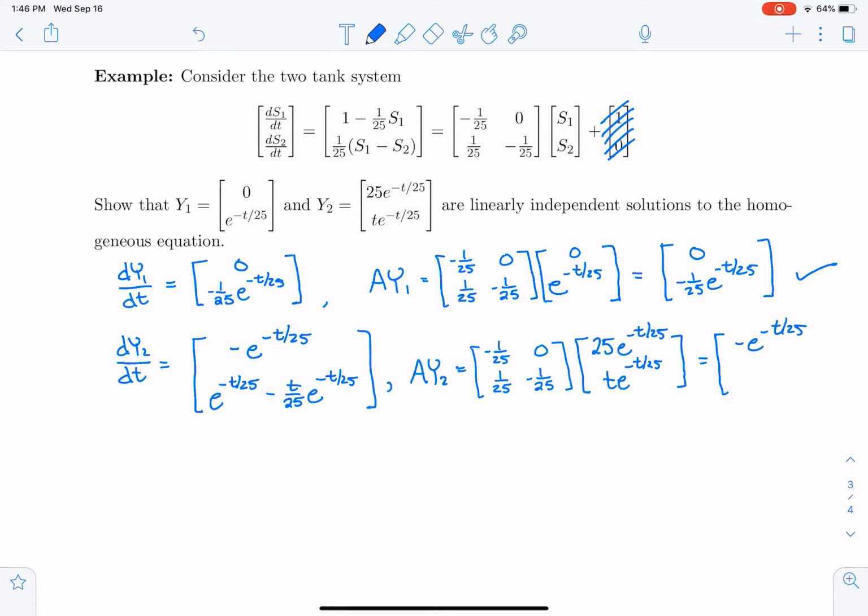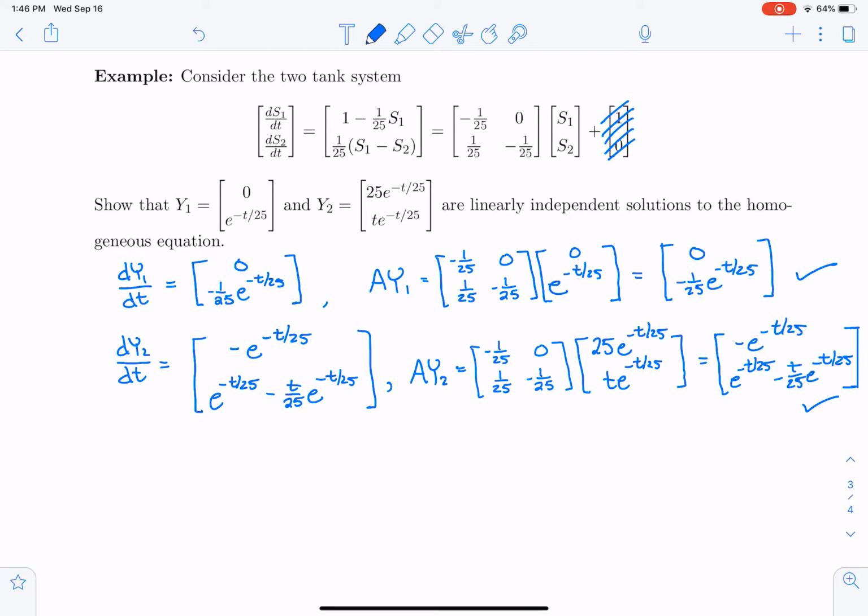And then for the second row, I get e to the minus t over 25 minus t over 25 e to the minus t over 25. And so again, my solution is going to match. Okay, so dy2/dt does equal A times y2.